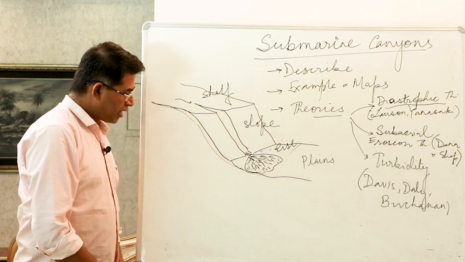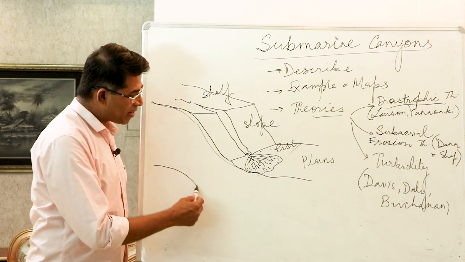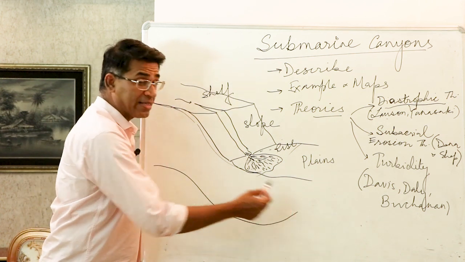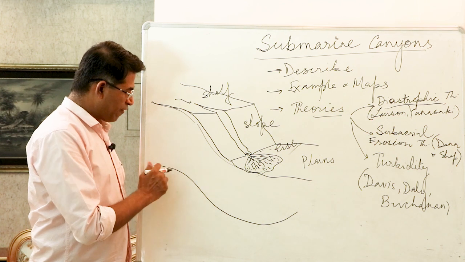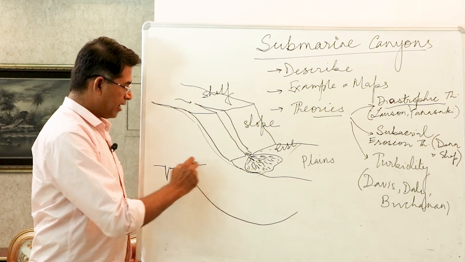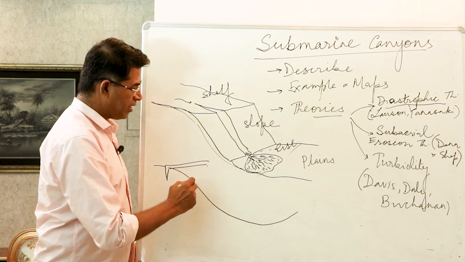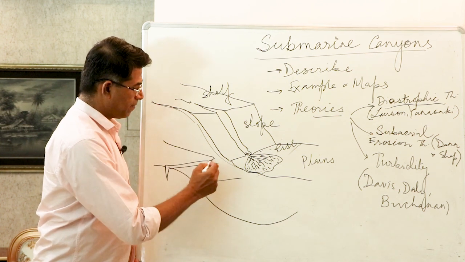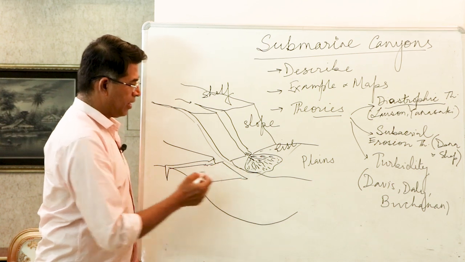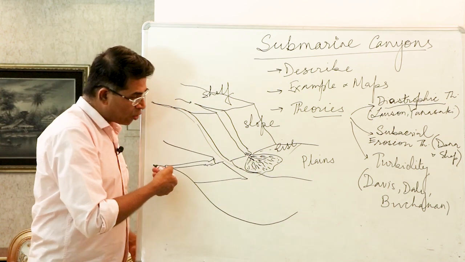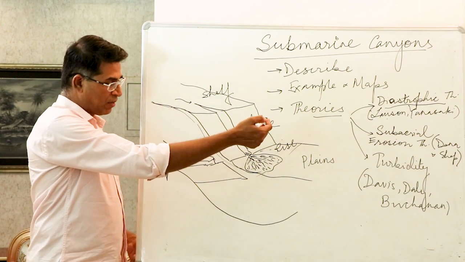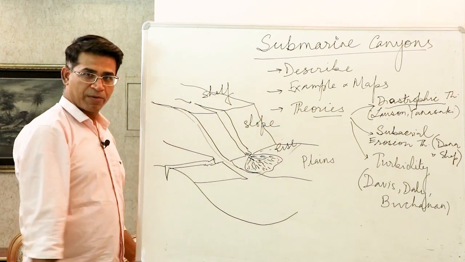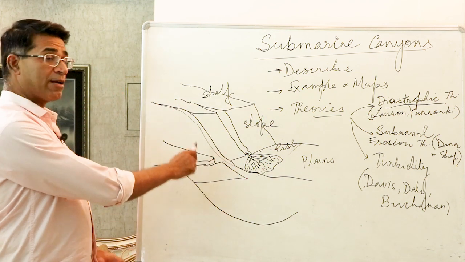Why? Because if this was the floor that ultimately turned and became a basin, the cracks should have been lateral. The cracks should have been along the coastal orientation rather than across. So this theory has that problem.